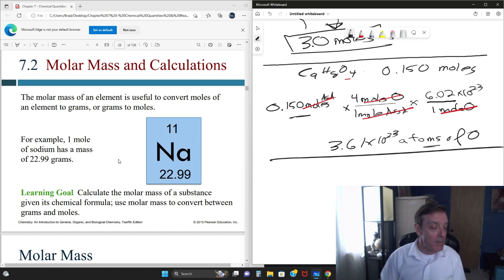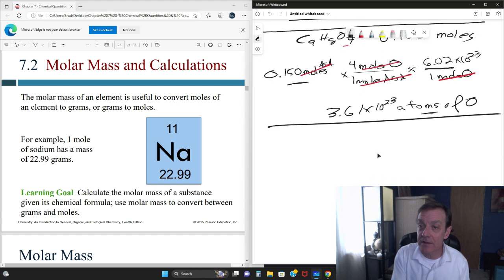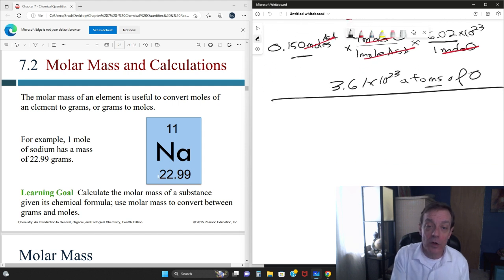Okay, so molar mass. Hopefully you've got a periodic table close at hand that has the molar mass right on it. This is where that's going to come into play for the following sets of calculations. The molar mass of an element is, for instance, for sodium, atomic number 11, 22.99 grams.